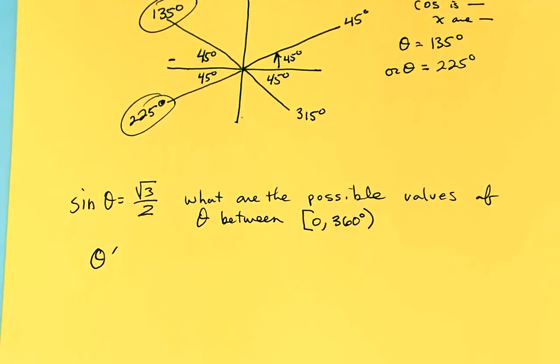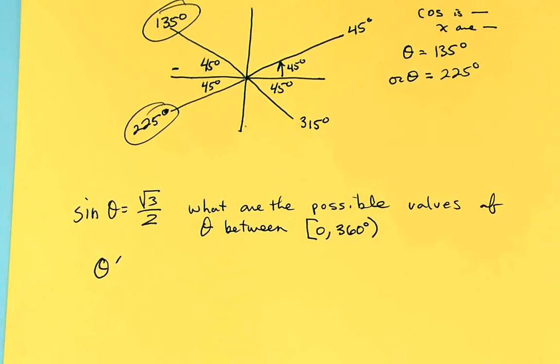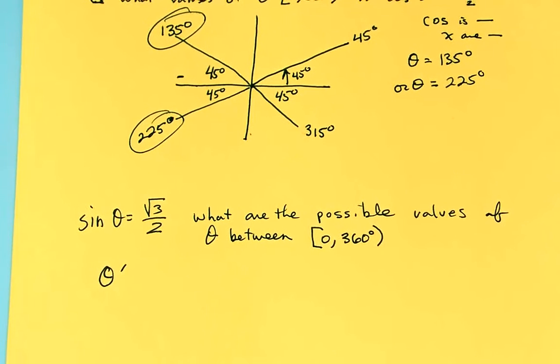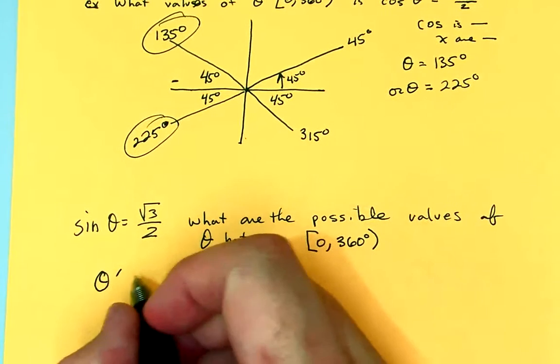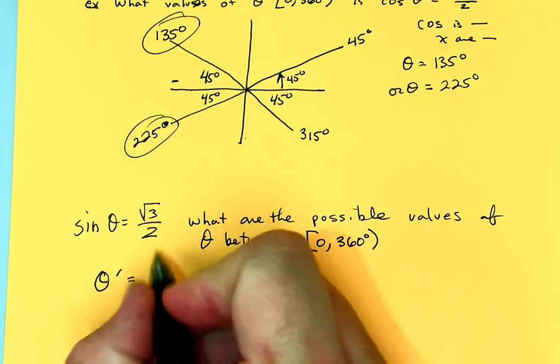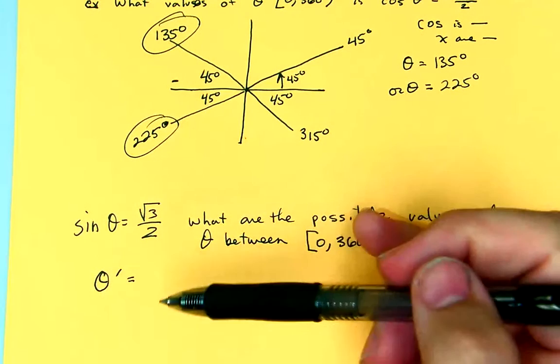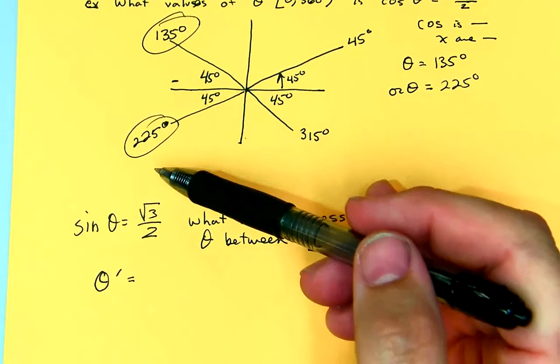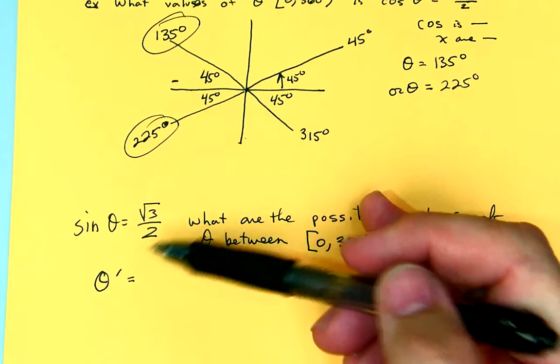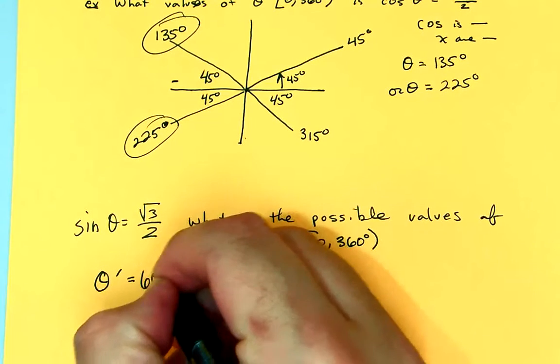What angle is going to give us the sine of theta is equal to the square root of 3 over 2? So we ask ourselves, all right, well, square root of 3 over 2, it's the 1, 2, 3, 4. 4 is 90, 3, that's got to be the 60 degree angle.